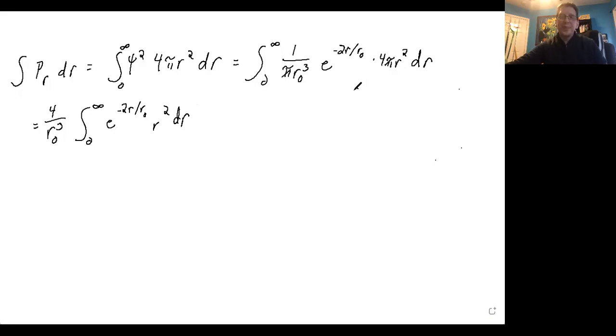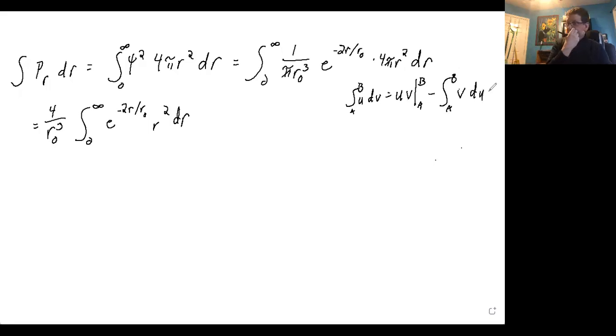And so the integral of u dv from A to B is equal to the product of u times v, again from A to B, minus the integral from A to B of v du. Okay, so that's the basic version of integration by parts that we're going to work with here.